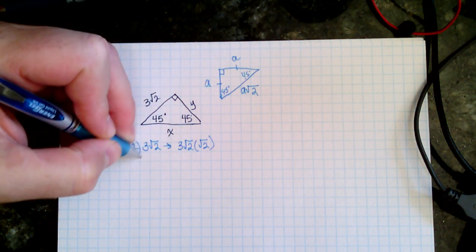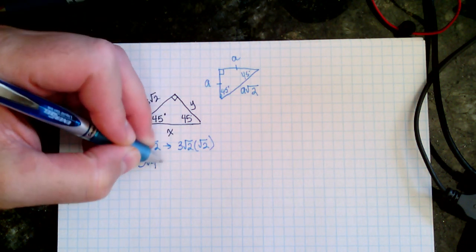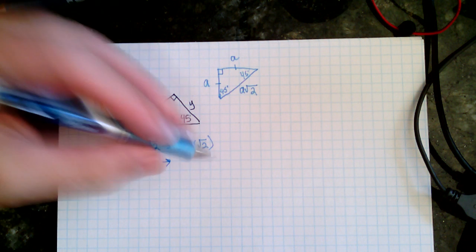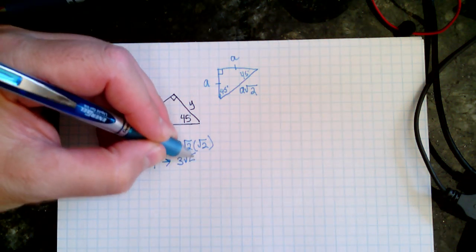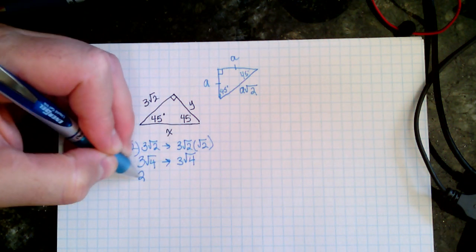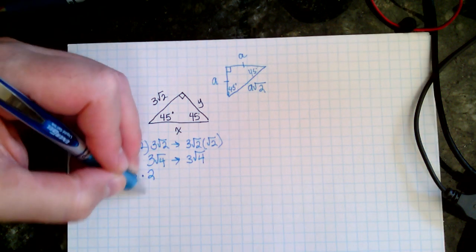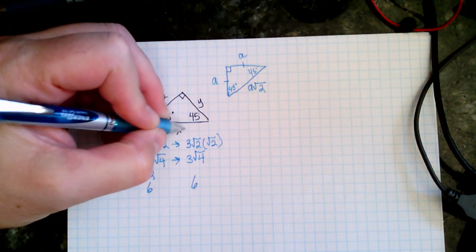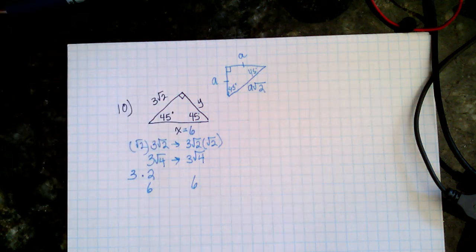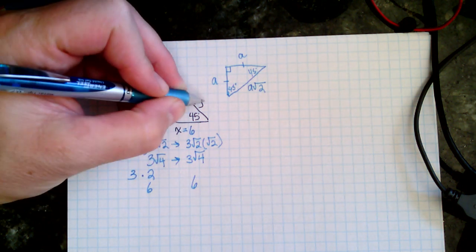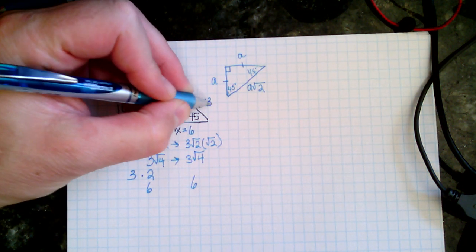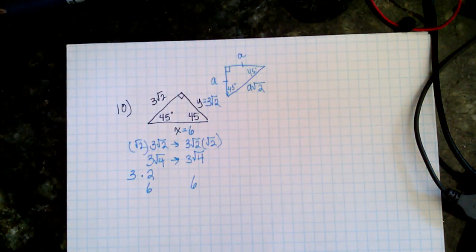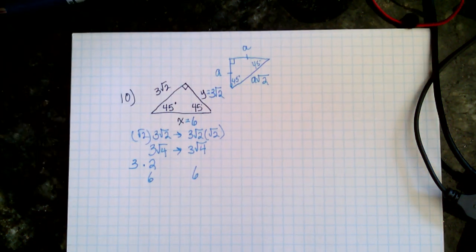When I do that, I get 3 root 4, which is 3 times 2, which is 6. So both of these end up being 6. So x ends up being 6. And then y is the same as that other side, so that's 3 root 2. All right.